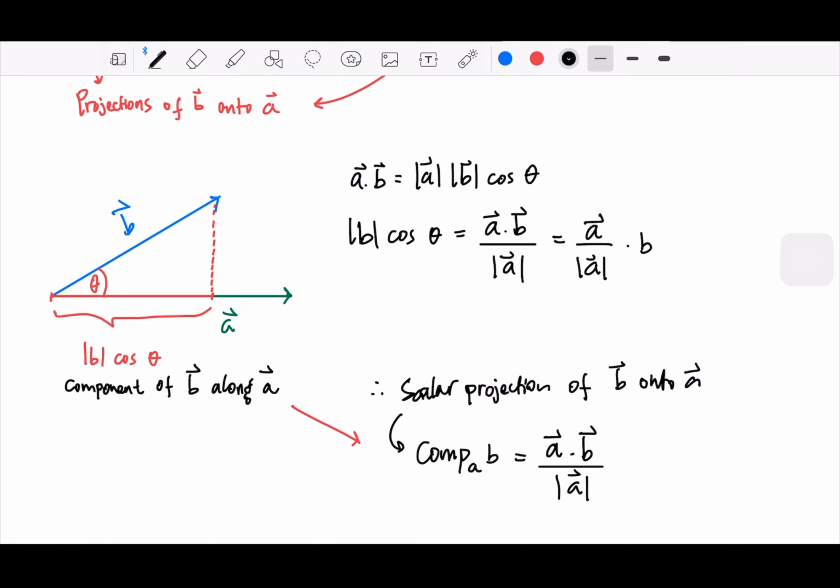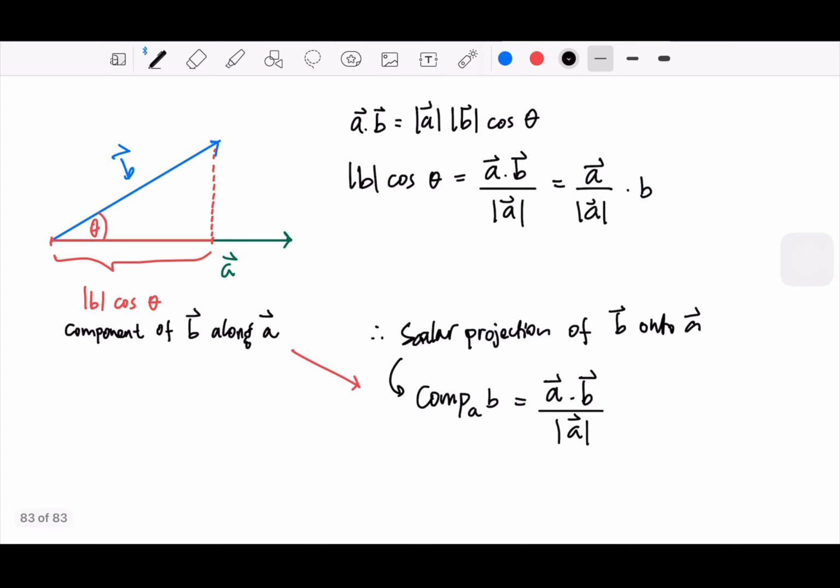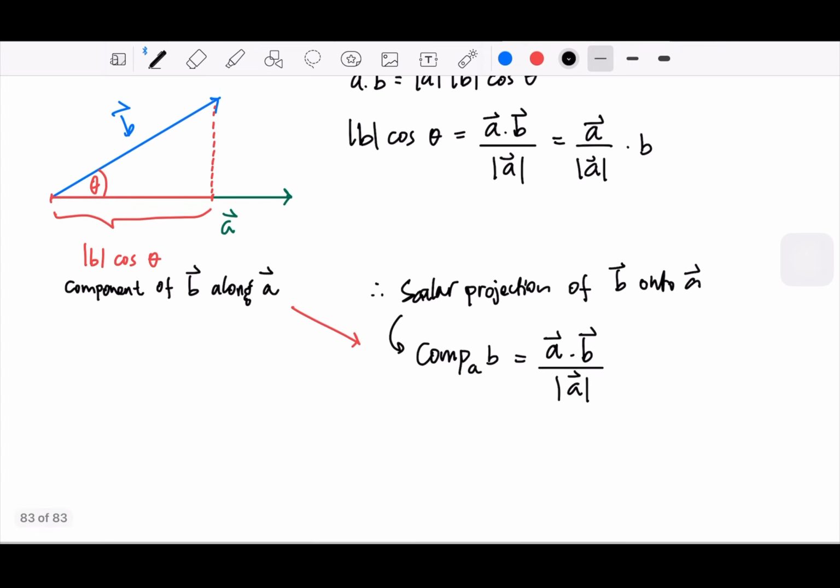But actually it's up to you how to write vectors, using the arrow or just writing the letters, as long as you are consistent. Okay, so this is the scalar projection.